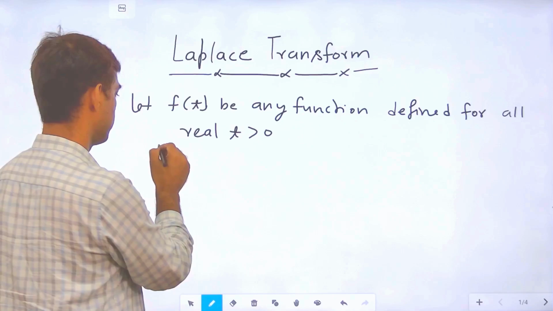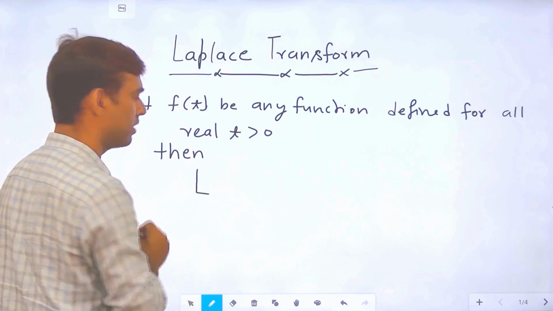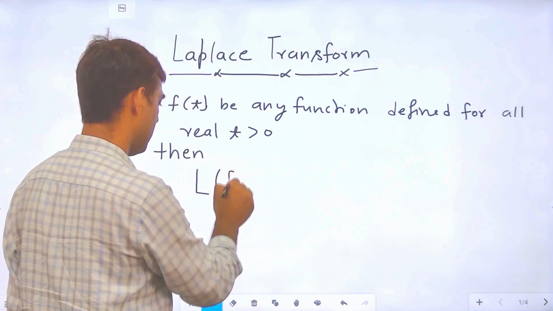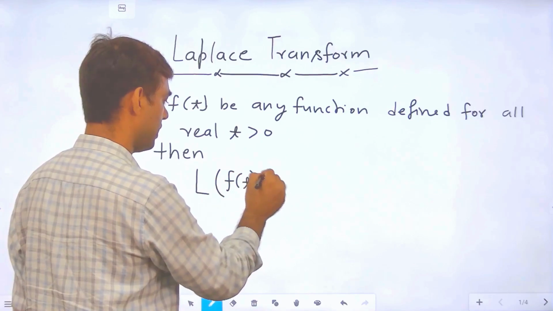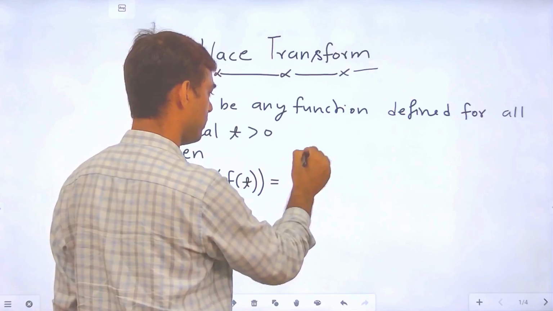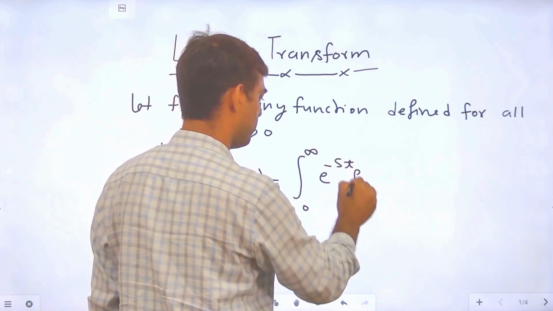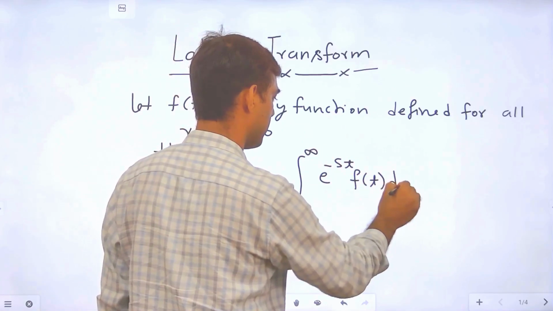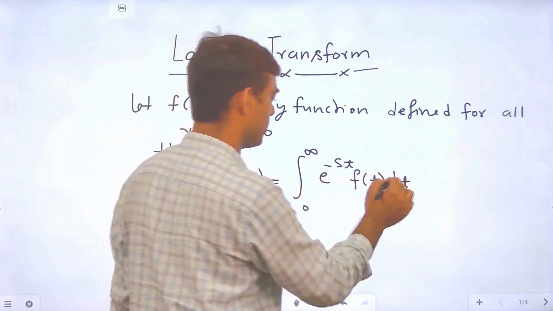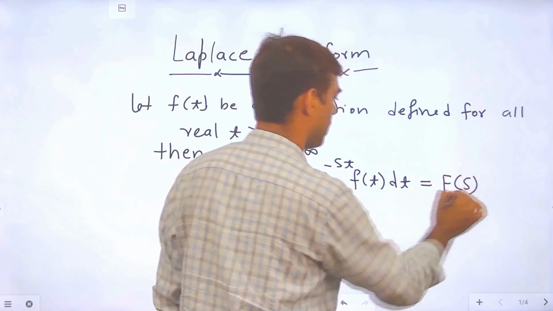Then the Laplace transform, this is the notation, we write L of f(t) equals the integral from 0 to infinity of e to the power minus st f(t) dt, and we denote the value of this integral, which is a function of s, by capital F(s).